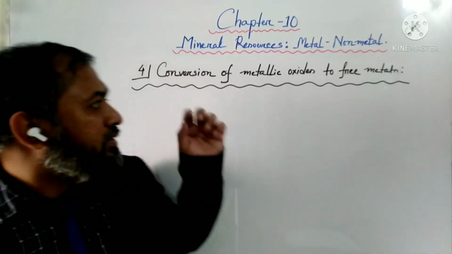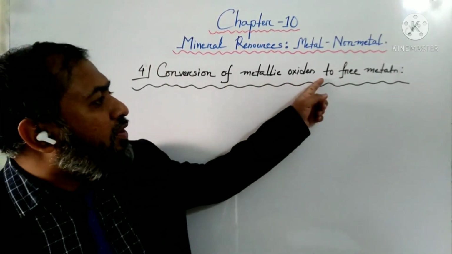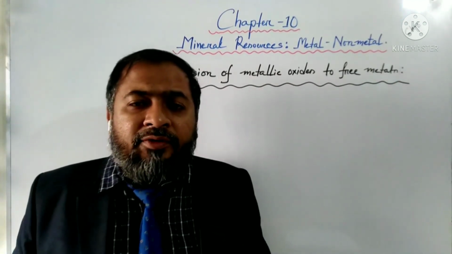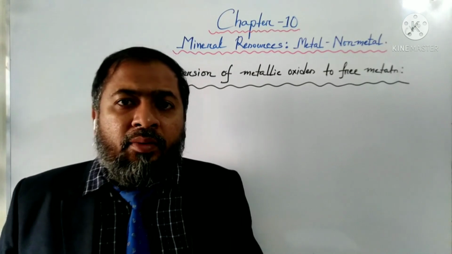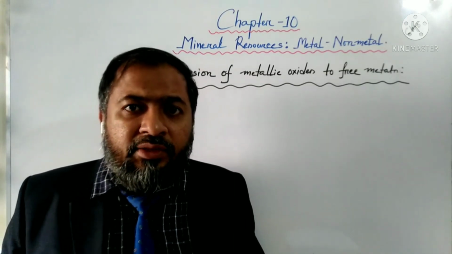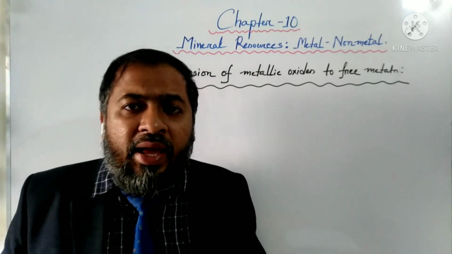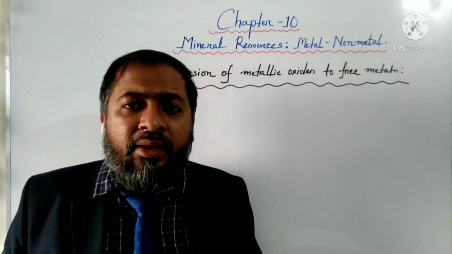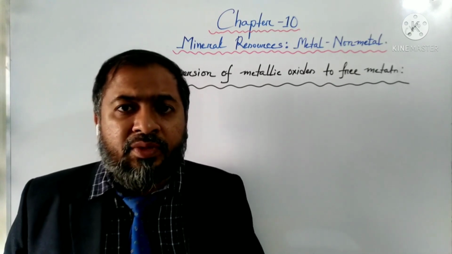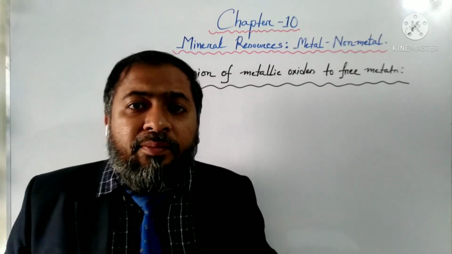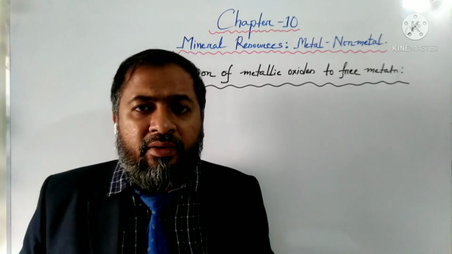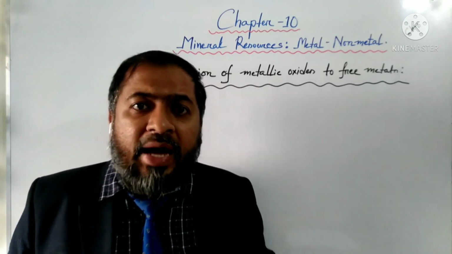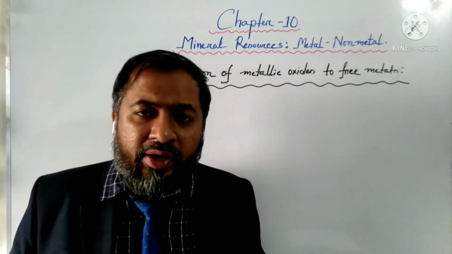The fourth step is conversion of metallic oxide to free metals. After converting the concentrated metal into the oxide by calcination and roasting, we extract the metal by a reduction process. Different types of reduction processes are used: the electrolysis process, the carbon reduction process, or auto reduction.